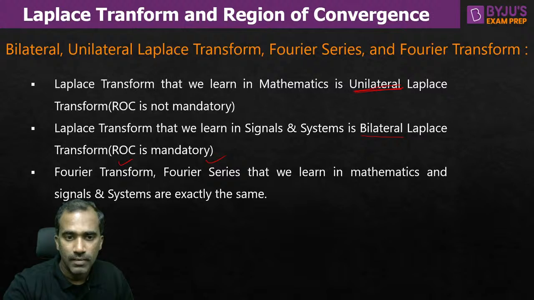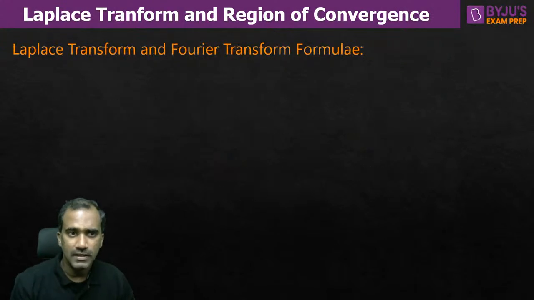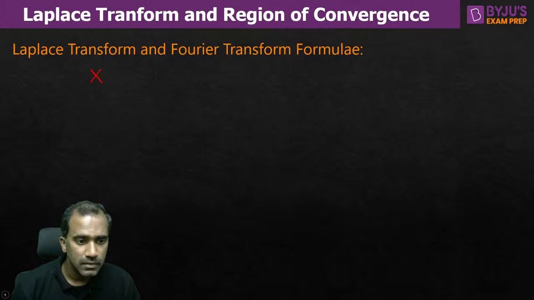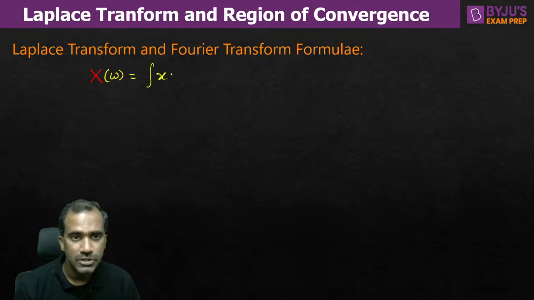So I'll discuss the Laplace transform and Fourier transform formula. First, let me give you the Fourier transform formula. You might already know it. So let me change the color. X of omega is equal to the integration of x of t into e power minus j omega t dt, with limits from minus infinity to plus infinity.